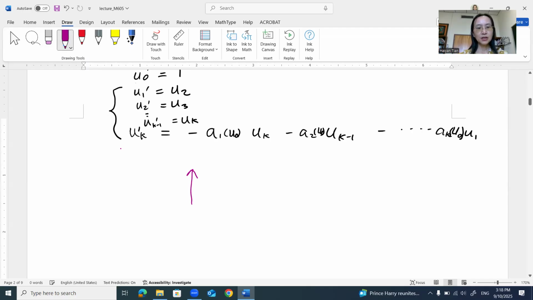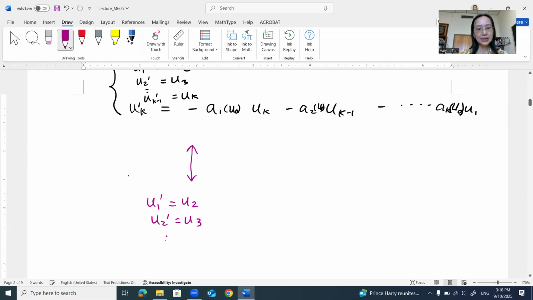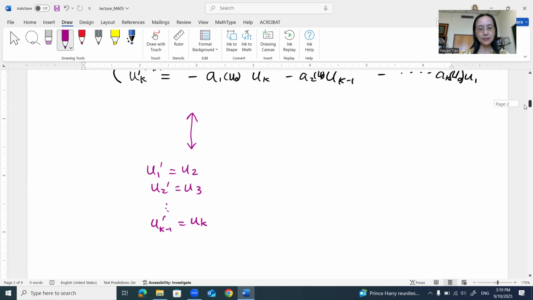If we do not introduce one additional equation like this one, then you can just consider u1's derivative is u2, u2's derivative is u3, and all the way to u(k minus 1)'s derivative is uk. uk's derivative is the last one, negative a1 and so on.